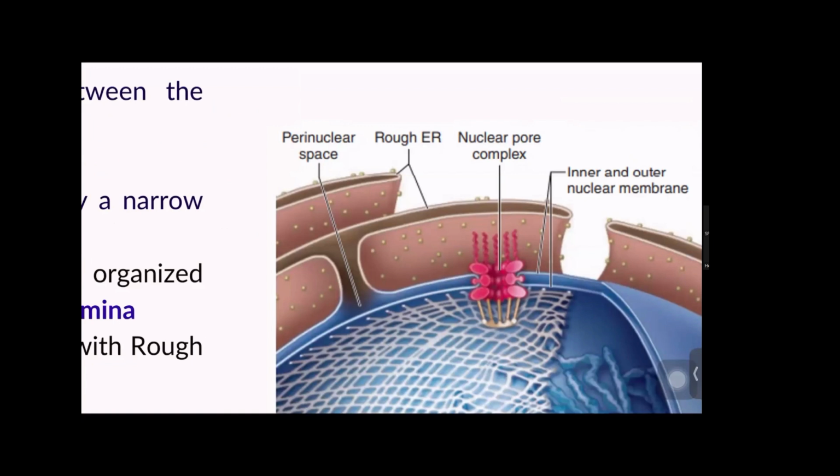This includes the transport of messenger RNA that is produced in the nucleus but needs to be transported to the cytoplasm to be translated into protein, as well as the transport of proteins such as polymerases from the cytoplasm to the nucleus for the conversion of DNA to RNA.